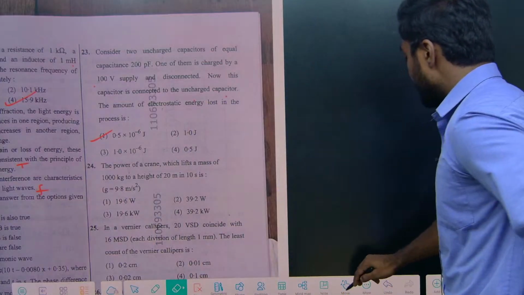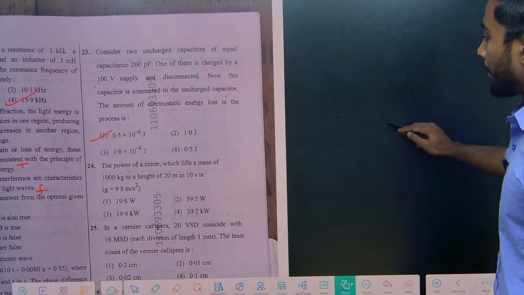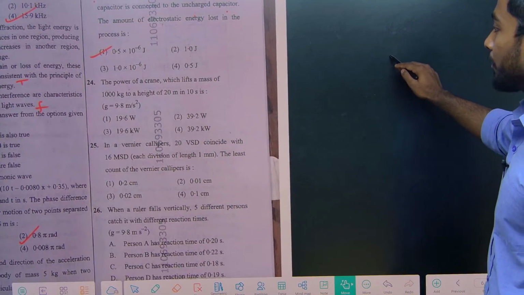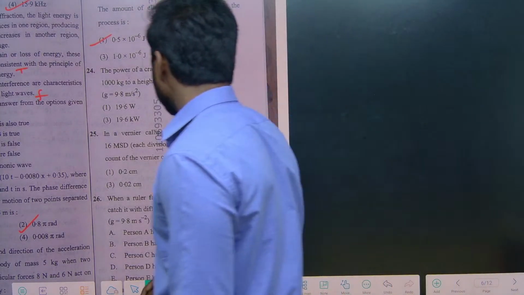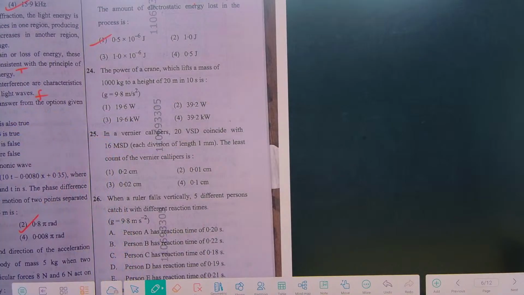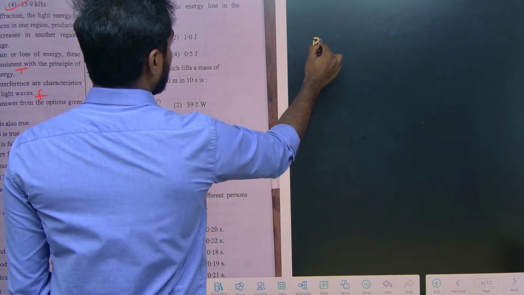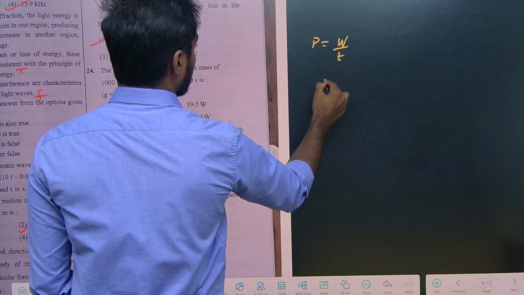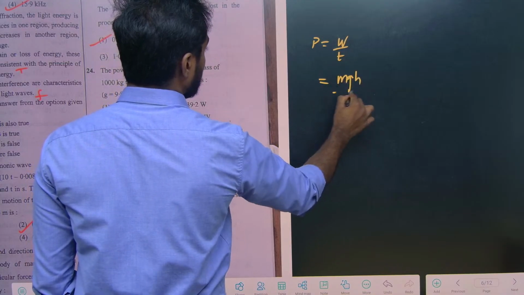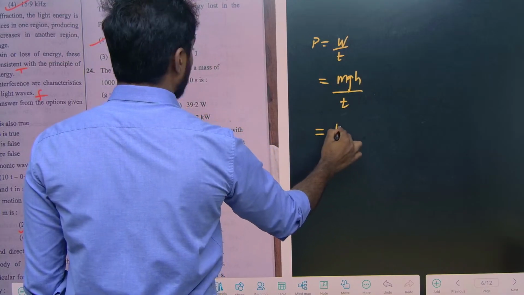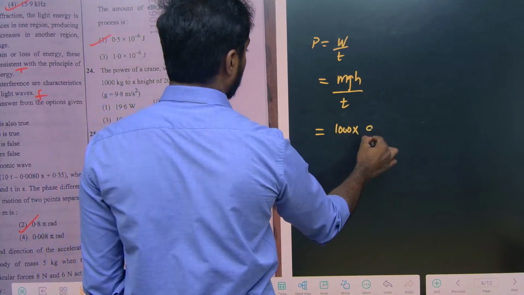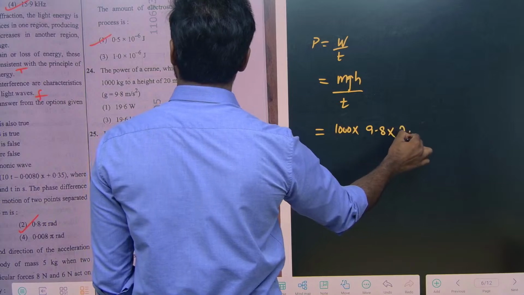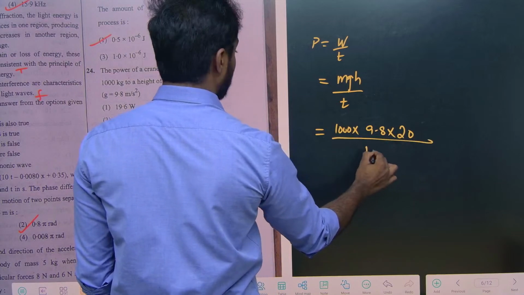The 24th question: power of a crane which lifts a mass of 1000 kg to a height of 20 meters in 10 seconds. P is equal to work done by time. Work done is mgh, the potential energy, and time t. So 1000 into 9.8 into the height 20, divided by 10 seconds.